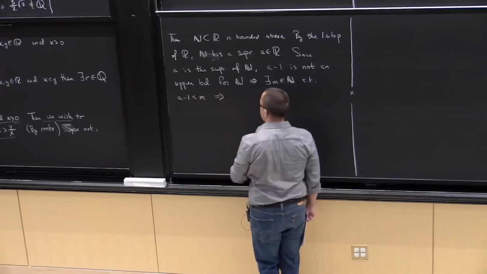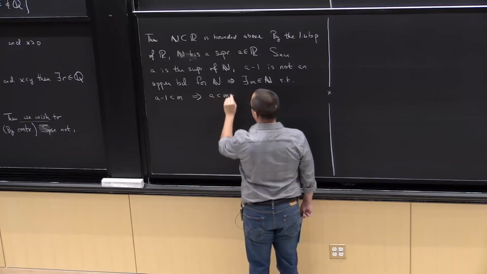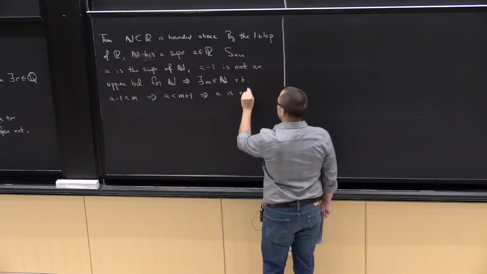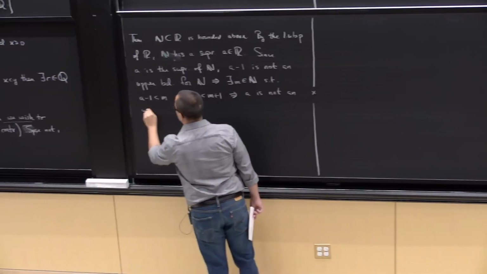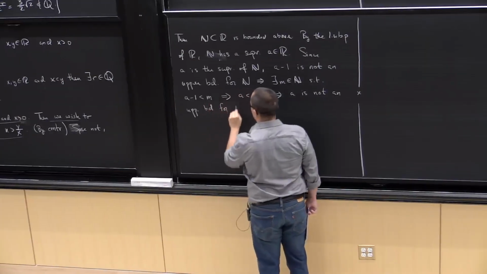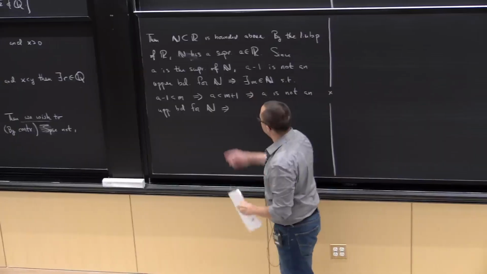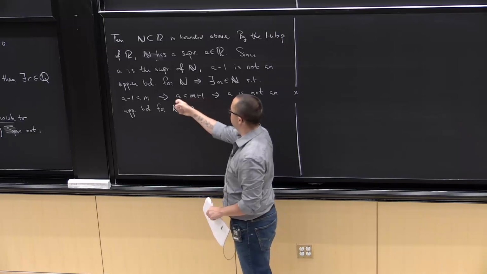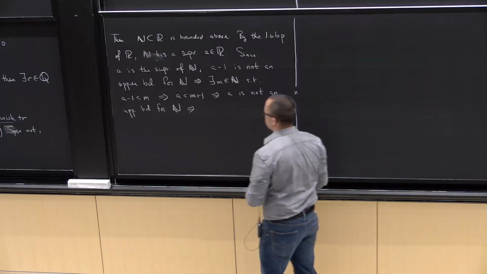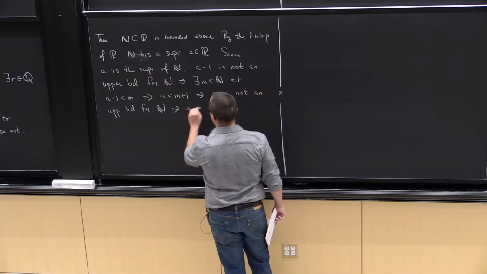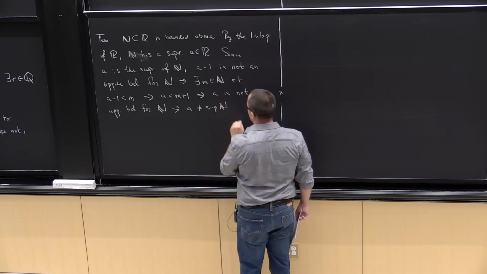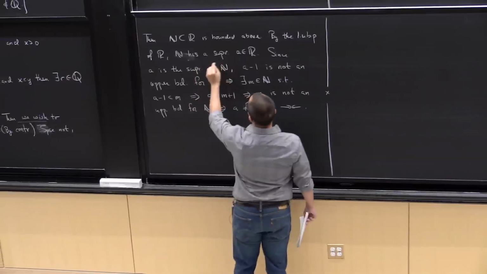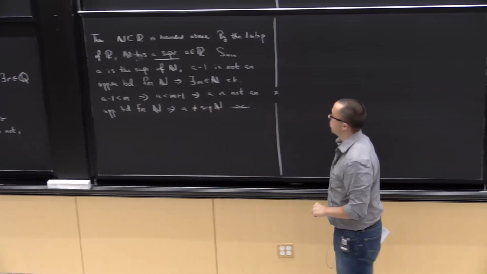But then this implies that A is less than m plus 1, which implies that A is not an upper bound for the natural numbers, because m is a natural number, so m plus 1 is a natural number, and I've just found a natural number bigger than A. That means A can't be an upper bound for the natural numbers, and therefore A does not equal the sup of N, and this is a contradiction because A is defined as the sup of N.